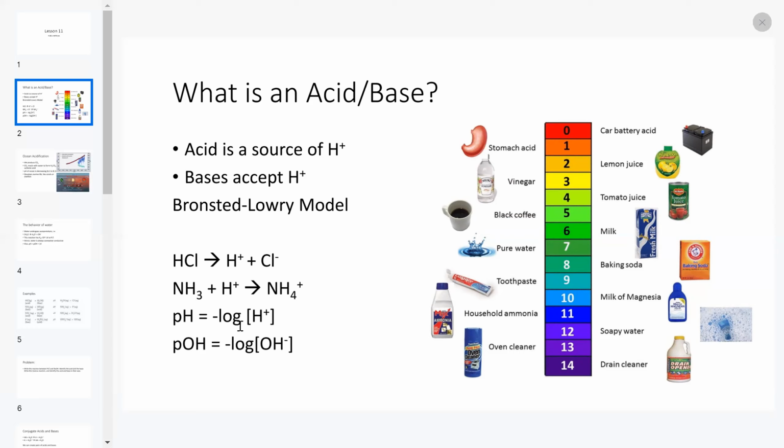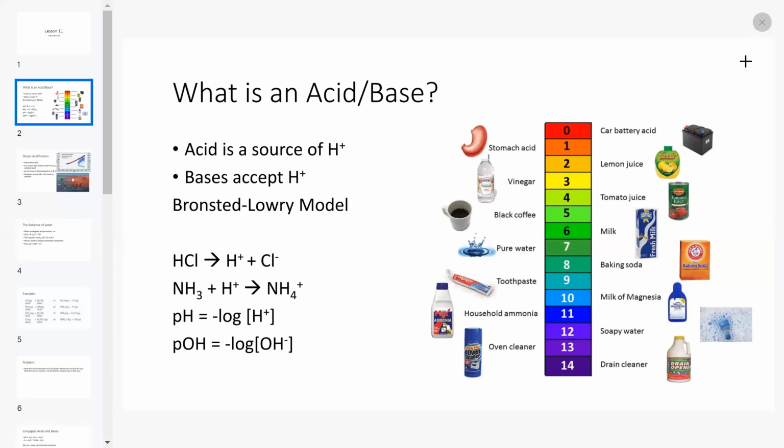This is the common log, so log base 10, and that means that a change of one pH unit gives you a tenfold change in the concentration of H plus. So minor changes in pH actually can mean quite a big thing when you're talking about the concentration of H plus.